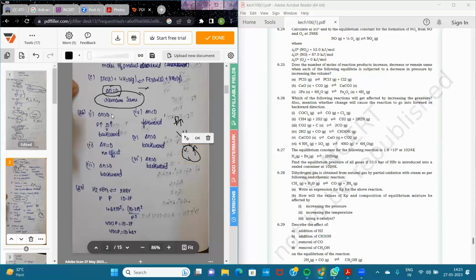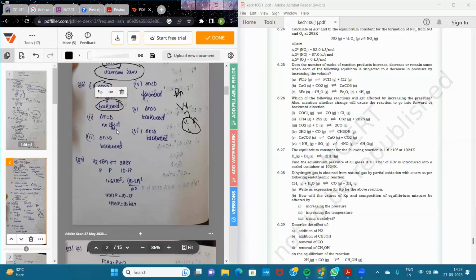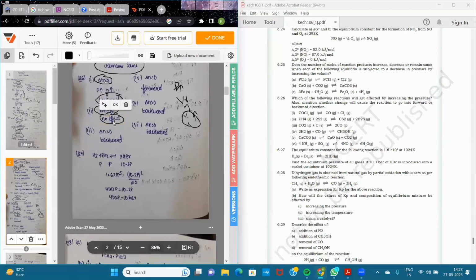For this reaction, the delta N is positive. So if we proceed in the forward direction, the number of moles increases, but we need to decrease the number of moles, so the reaction proceeds in the backward direction. For second part, delta Ng is 0, so there will be no effect of pressure on the reaction.